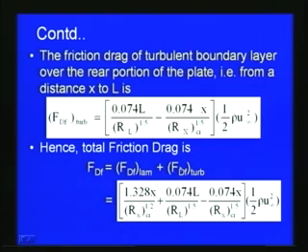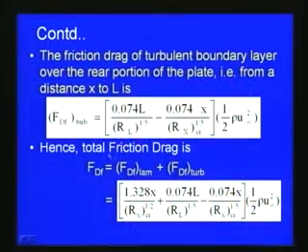In this transition stage, between this range, we can sometimes consider laminar as well as turbulent simultaneously. So, the total friction drag is the friction drag for laminar plus the frictional drag for turbulent.